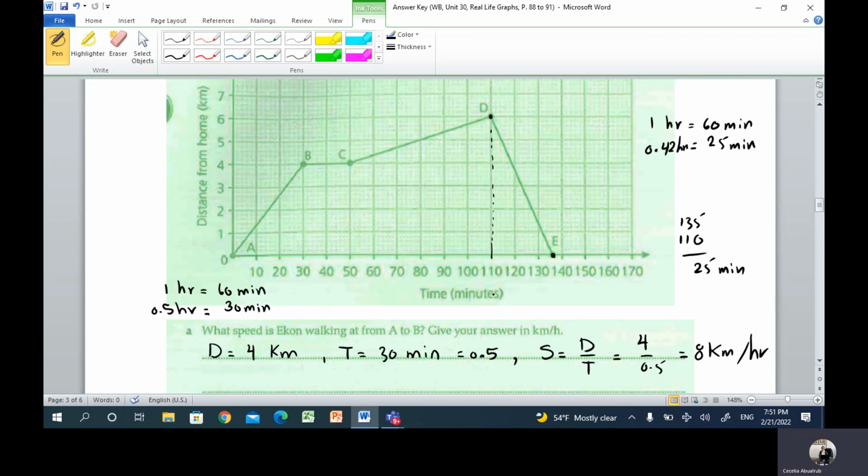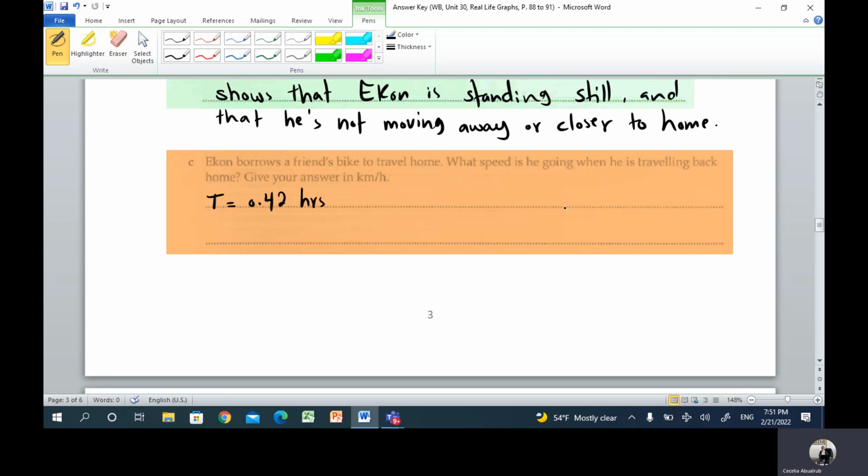And the distance, as you can see from here to here, is 6 kilometers. So the speed is, again, distance over time.